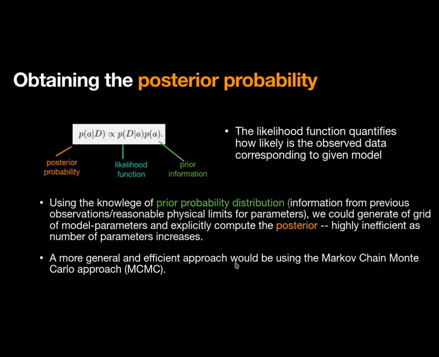So moving on. How do we obtain the posterior probability distribution? The likelihood function quantifies how likely the observed data corresponded to the given model. And using the knowledge of the prior, what we could do is generate a grid of model parameters.